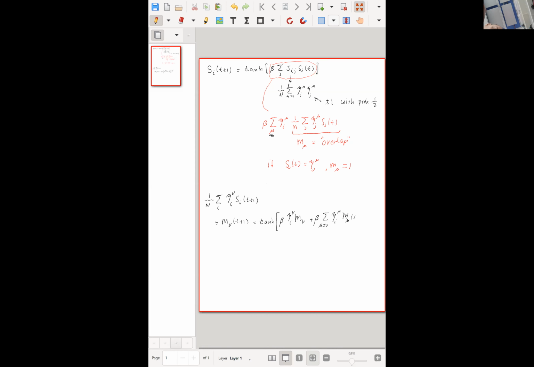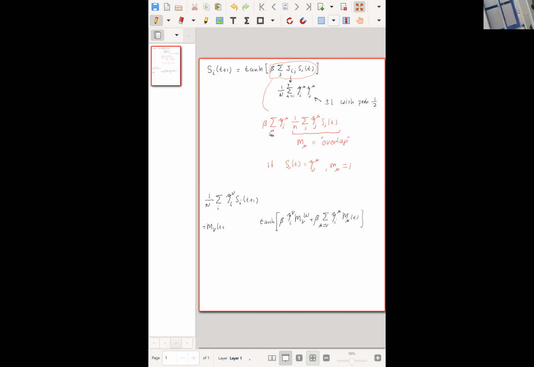And these, of course, are both evaluated at t. So it tells you if I know the overlaps at time t, I can figure out the overlaps at time t plus 1. And I forgot the most important term, so this is equal to m^nu of t plus 1.